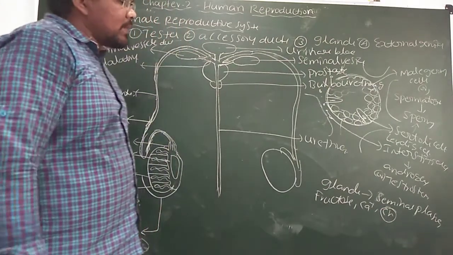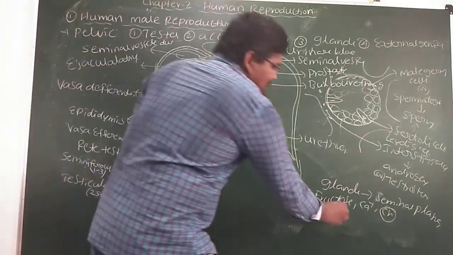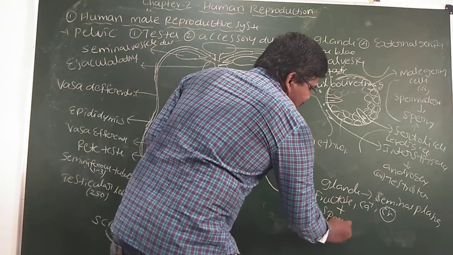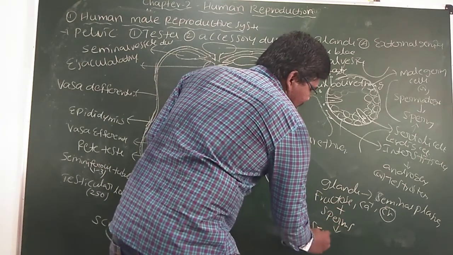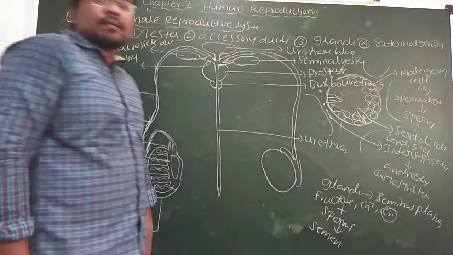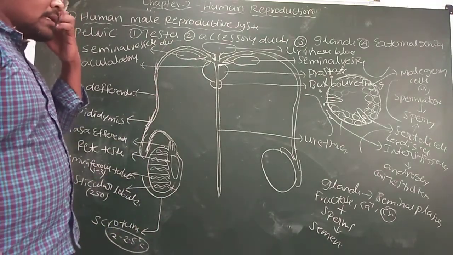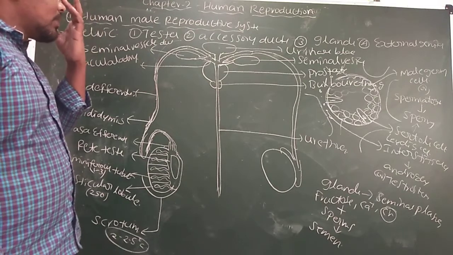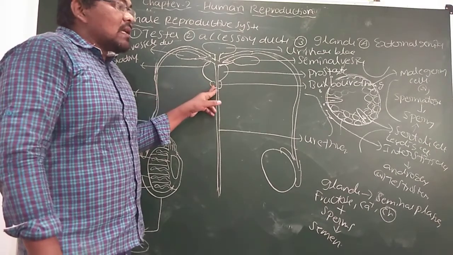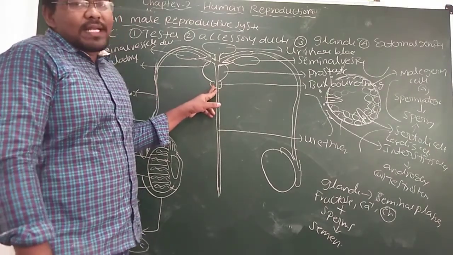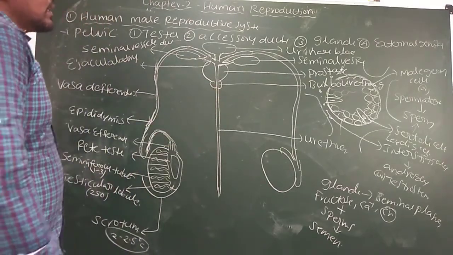These 3 substances are present in seminal plasma. When seminal plasma combines with the sperms, it becomes semen. What is semen? Seminal plasma and sperms combine together and form the semen. That is about the glands. Apart from that, the bulbourethral gland secretions are also used for the lubrication of the penis. Okay, that is about glands.